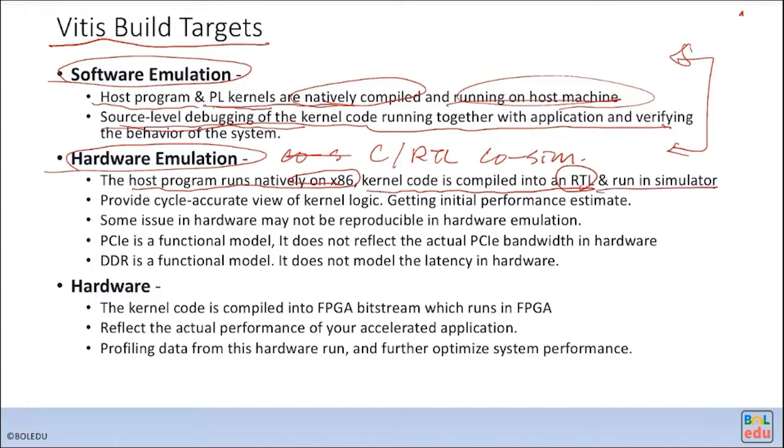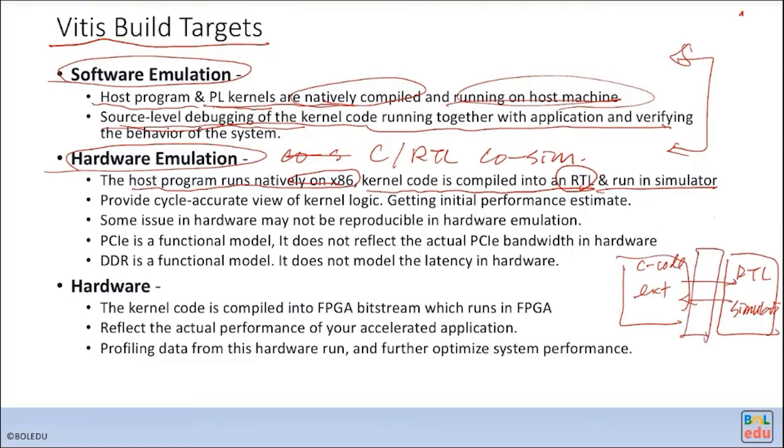So in hardware emulation, the C code is compiled to an executable, and the RTL is running in the simulator. To communicate between these two, Vitis creates some middleware program, some intermediate bench code here.